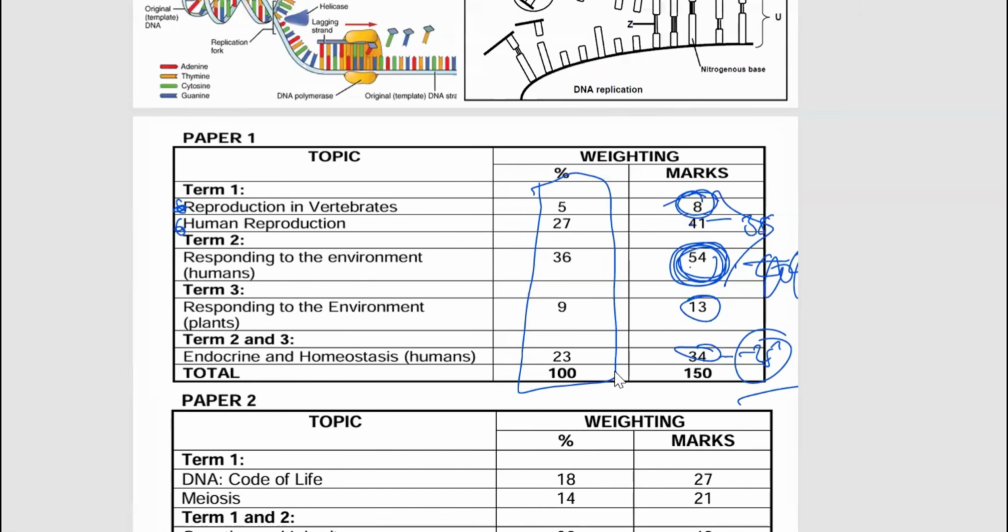So basically, those are the topics of paper one. We're going to go through reproduction in vertebrates, human reproduction, response to the environment by human, and response to environment by plants. After that, we will talk about the investigative question and how to answer it if they ask you like this.